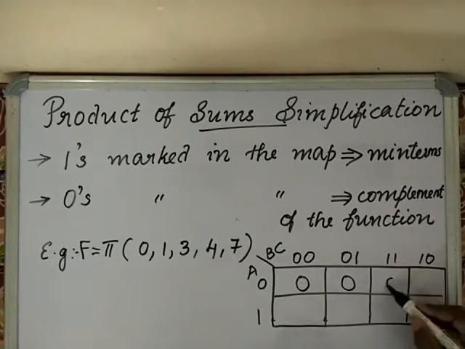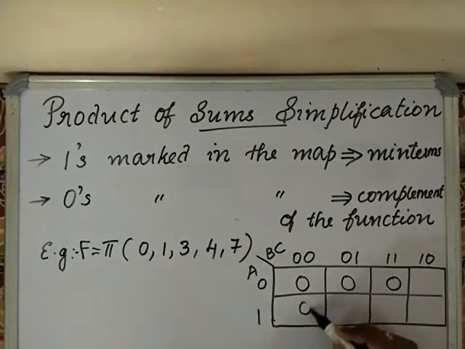Likewise for 3, 4 and 7. The process is similar to the minterms simplification that we have seen already, but the difference is, instead of marking the squares with 1, in product of sum simplification we mark the squares with zeros. Next, we can combine adjacent squares.